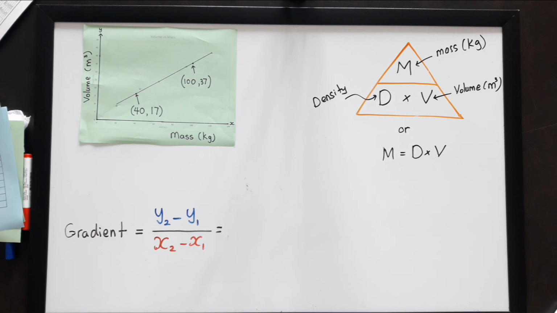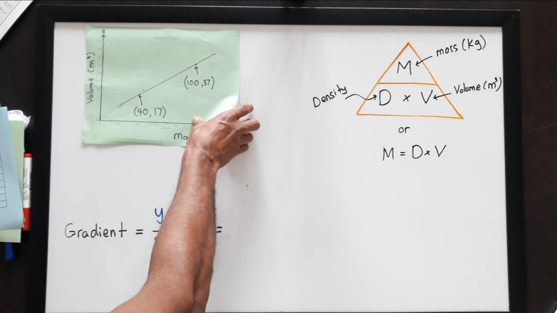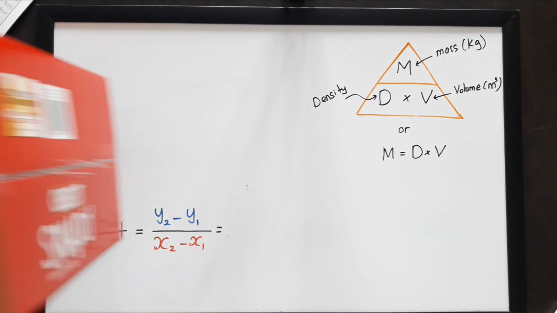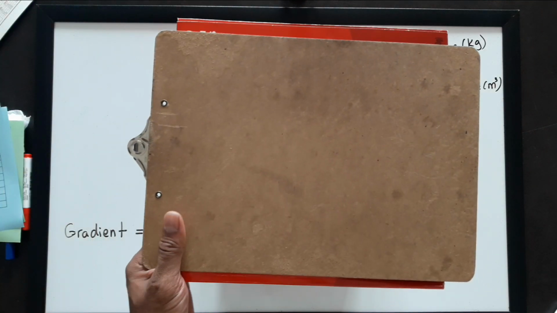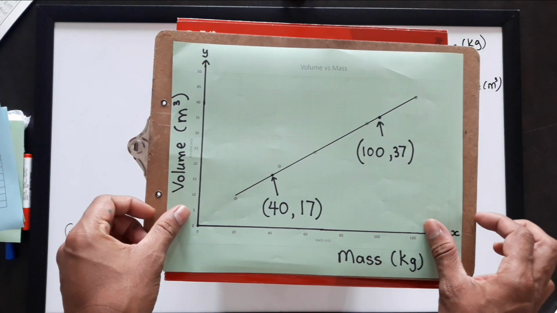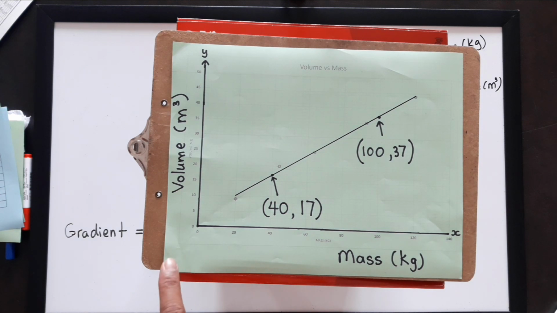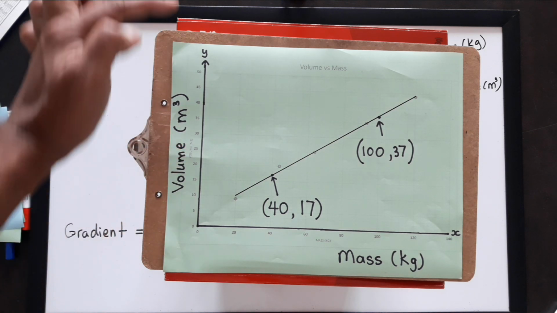Alright, so let's assume that we did an experiment, and in the experiment let me zoom in once again using the zoominator. Oh my. Alright, here we go. So we did an experiment where we had different masses and we had different volumes.